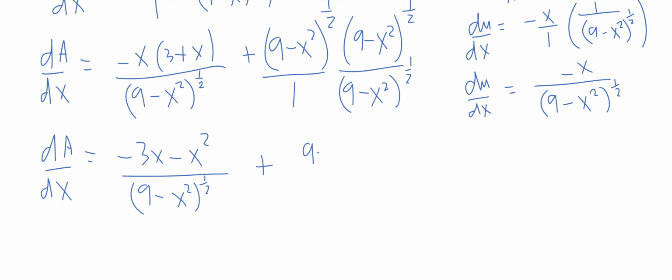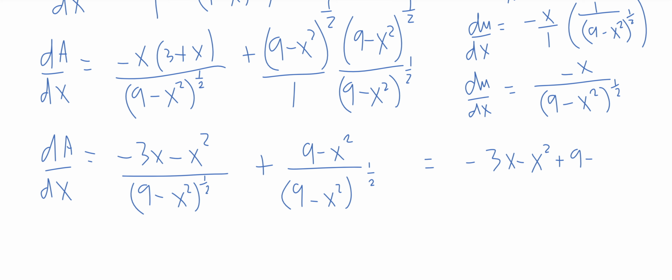So plus 9 minus x squared over 1 times 9 minus x squared to the half is 9 minus x squared to the half. So this can now be rewritten as a single fraction. So it's minus 3x minus x squared plus 9 minus x squared all over 9 minus x squared to the half.